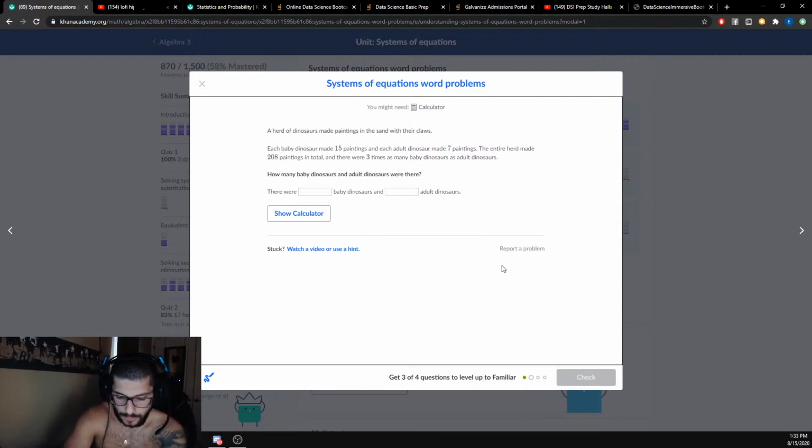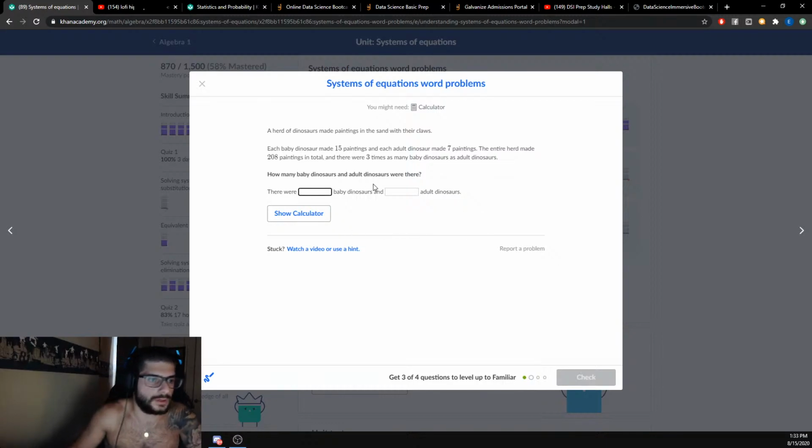Okay, so if y equals 4, so it's going to be 15x plus 7 times 4. 4, 8, 12. Yep, 12. There we go. So there were 12 and there were 4.